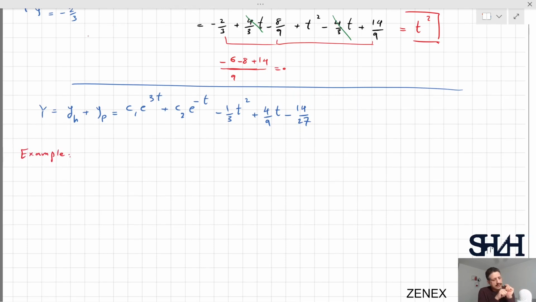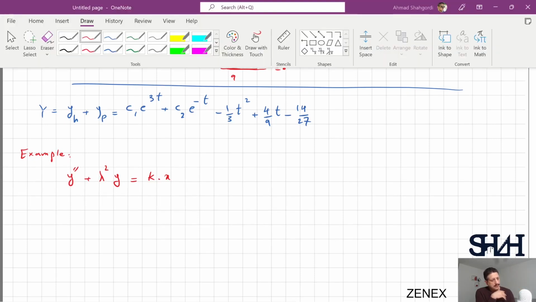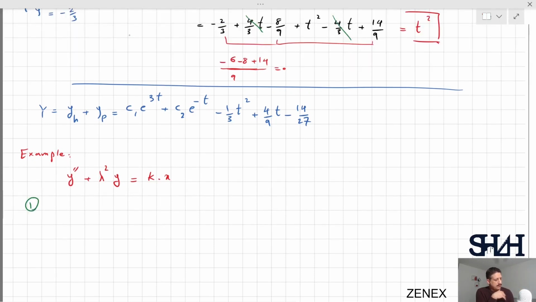Now let's go through one typical example which is relevant to stability. For example, second derivative of y plus lambda^2 y equals a constant, C. Instead of C, better to write K. So first we need to solve the homogeneous form.